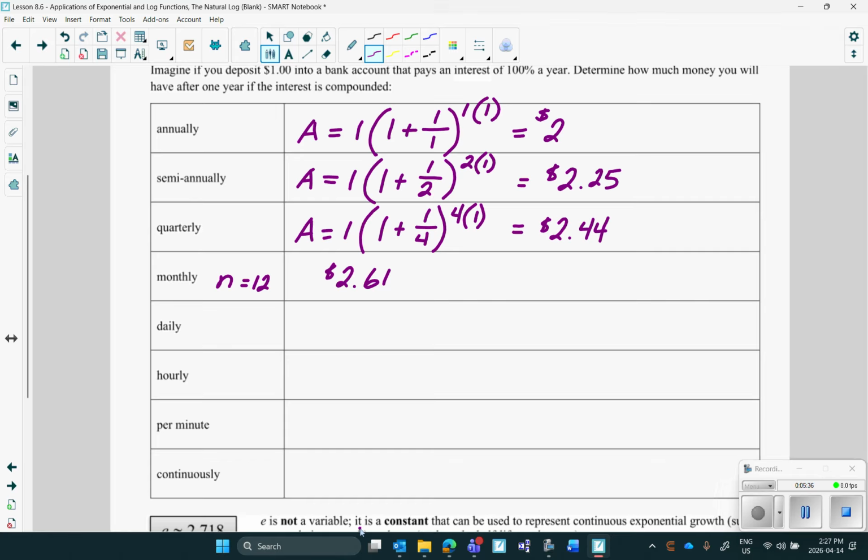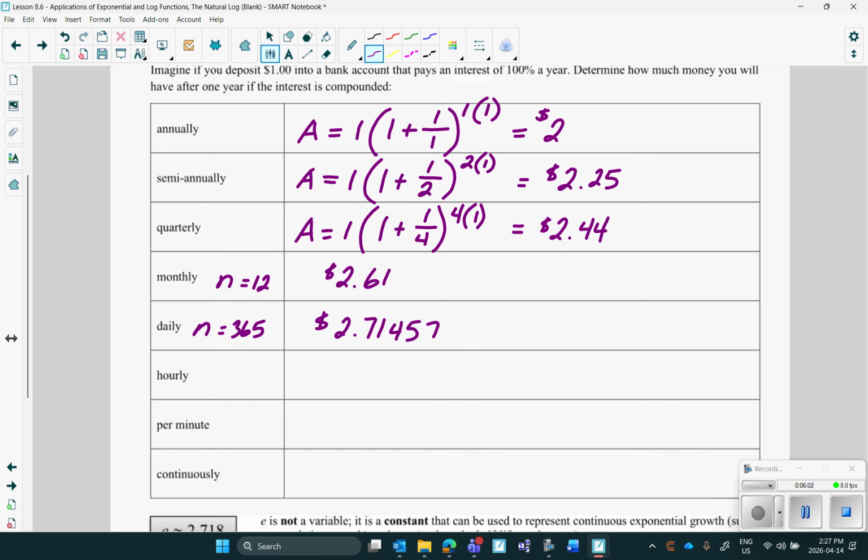Daily and it's 365. Well, now we're getting very, very precise estimates. So I'm going to go beyond 2 decimal places to say it's $2.71, but then also this amount, 2.71457.